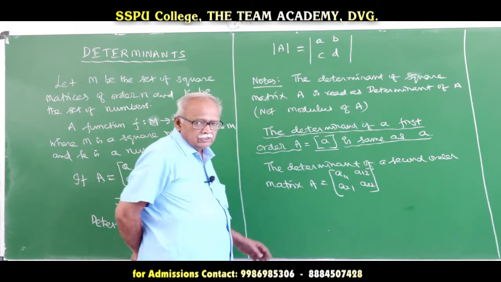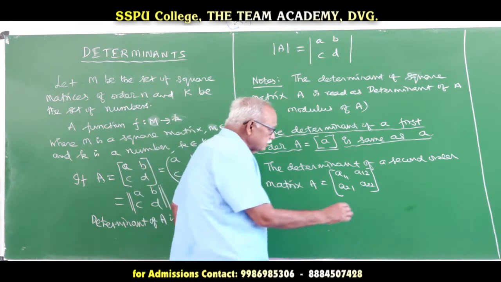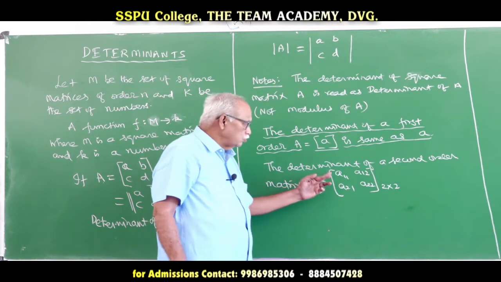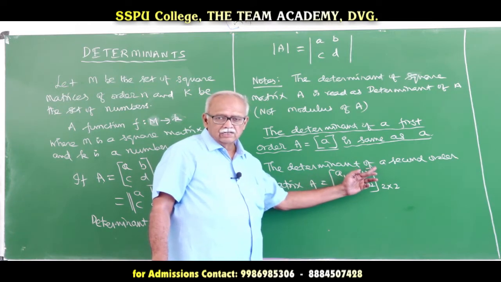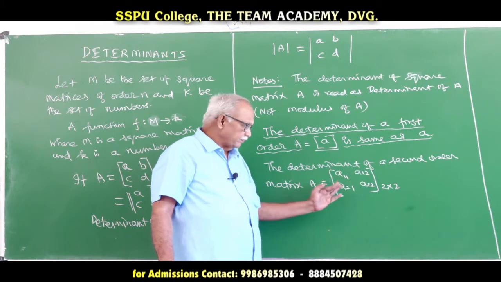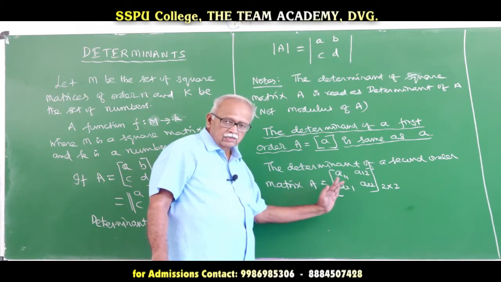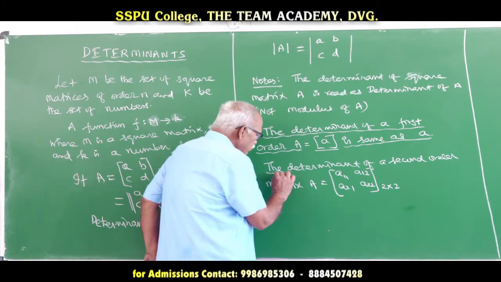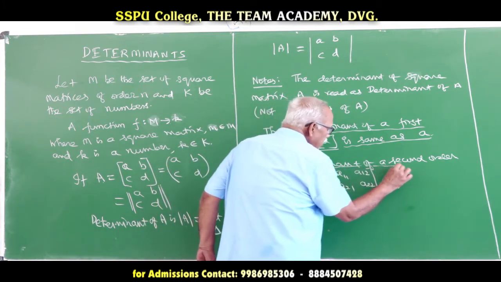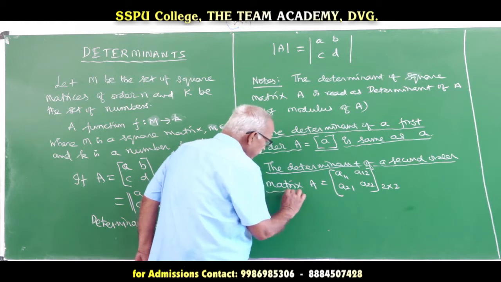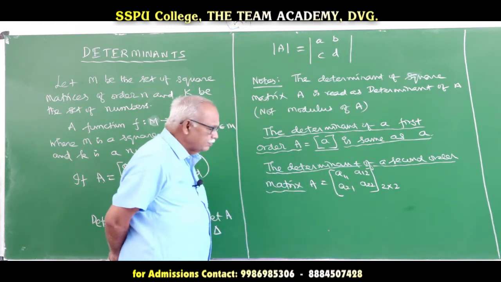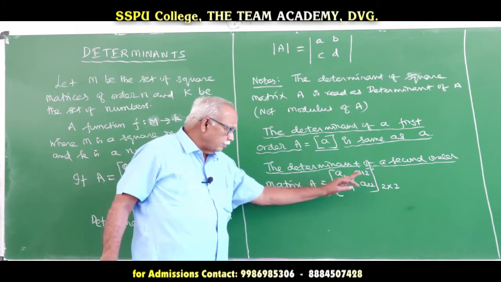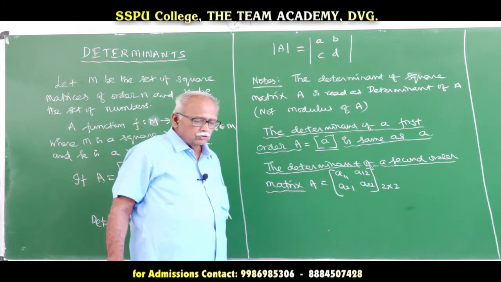This is a second order square matrix, 2 cross 2, with 2 rows. The horizontal lines are called rows and the vertical lines are called columns. We are going to see how to evaluate the value of the determinant of this square matrix A.